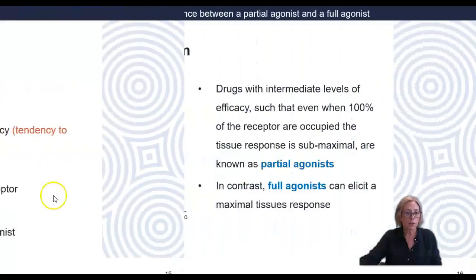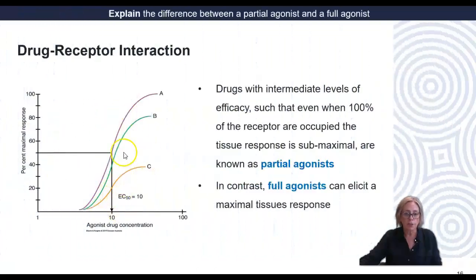We'll go back to this familiar diagram here, and you can see very clearly from it that drugs with intermediate levels of efficacy, such that even when 100% of the receptors are occupied the tissue response is submaximal, are known as partial agonists. In contrast, the full agonists can elicit or produce a maximal tissue response.